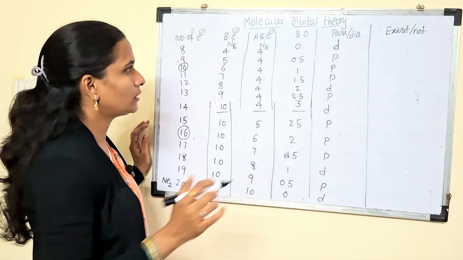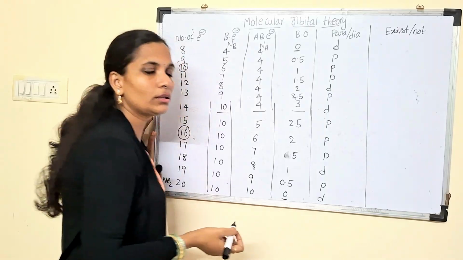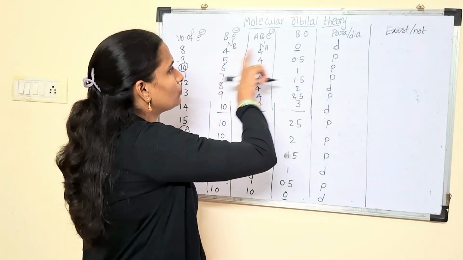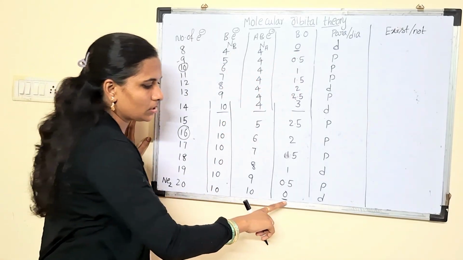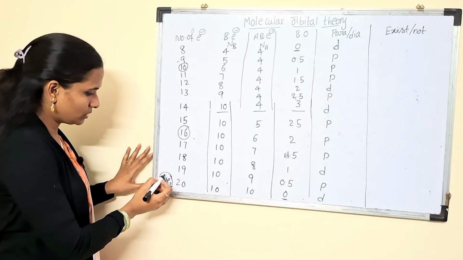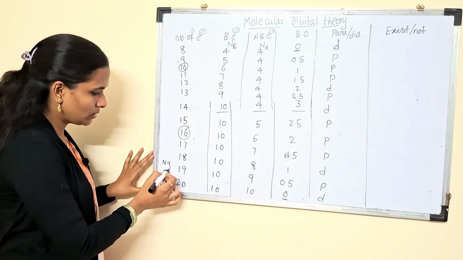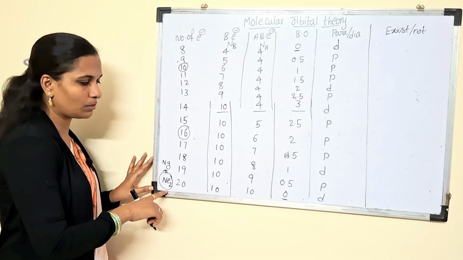How to calculate whether it exists or not: if the bond order is 0, then that molecule does not exist. For 8 electrons the bond order is 0, and for 20 electrons the bond order is also 0. For example, the Ne2 molecule. Neon is a noble gas element, a monoatomic gas, but Ne2 would be diatomic.